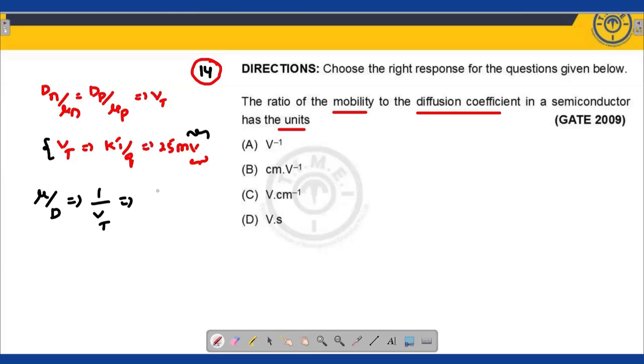The units of Vt are volts, so the units of mu by D are V inverse. So what is the option, my dear friends? The option is A, which is yet another important point I would like to bring to your notice. This is question number 14. Okay. Next question.